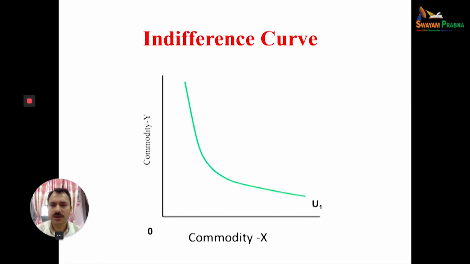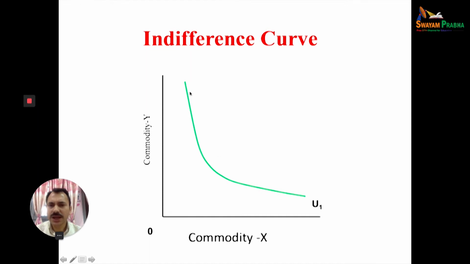Here, this is the indifference curve, downward sloping and convex to the origin. We'll discuss properties also. On the y-axis we have the Y commodity and on the x-axis the X commodity, and this U1 is the indifference curve.